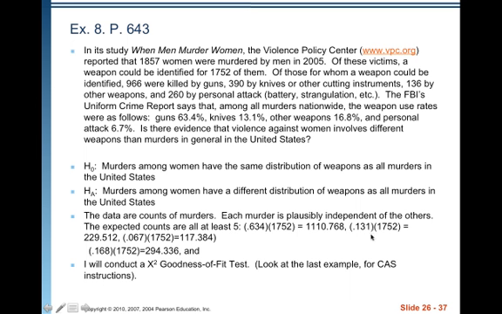Knives and other blades would be 0.131 times 1,752, which is 229.512. And then just personal attacks, you would expect that 6.7% of the 1,752, so that would be 117.384.